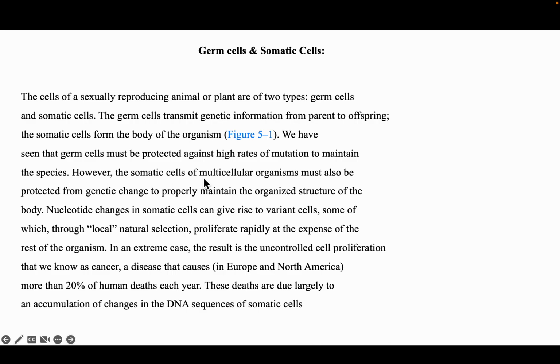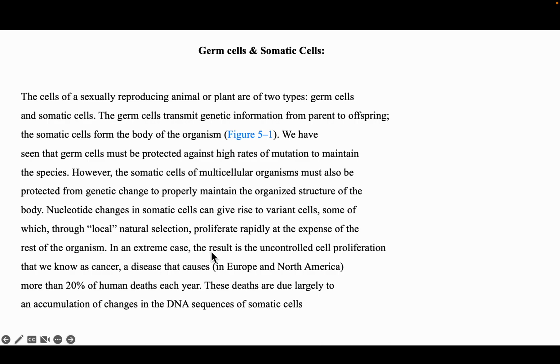However, the somatic cells of a multicellular organism must also be protected from genetic change to properly maintain the organized structure of the body. Nucleotide changes in somatic cells can give rise to variant cells, some of which, through local natural selection, proliferate rapidly at the expense of the rest of the organism.